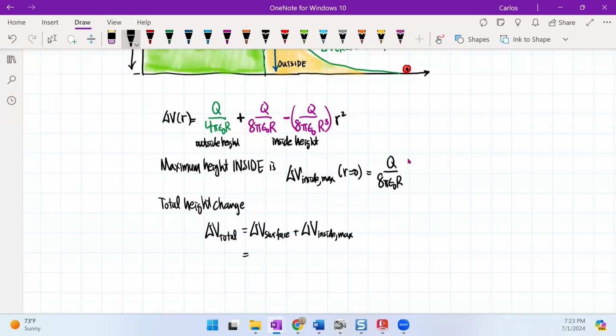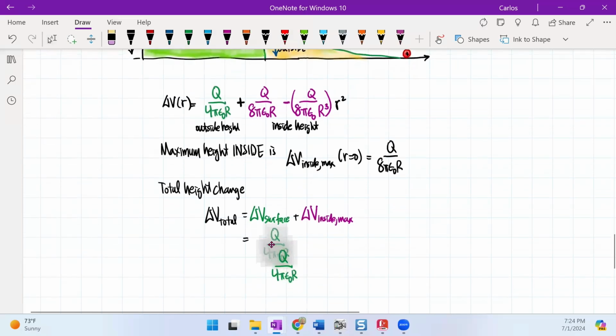If I put these numbers together, this number is the green number, this number is the purple number, and that gives me this outside height. Then I have this guy right here, which is the maximum height inside.